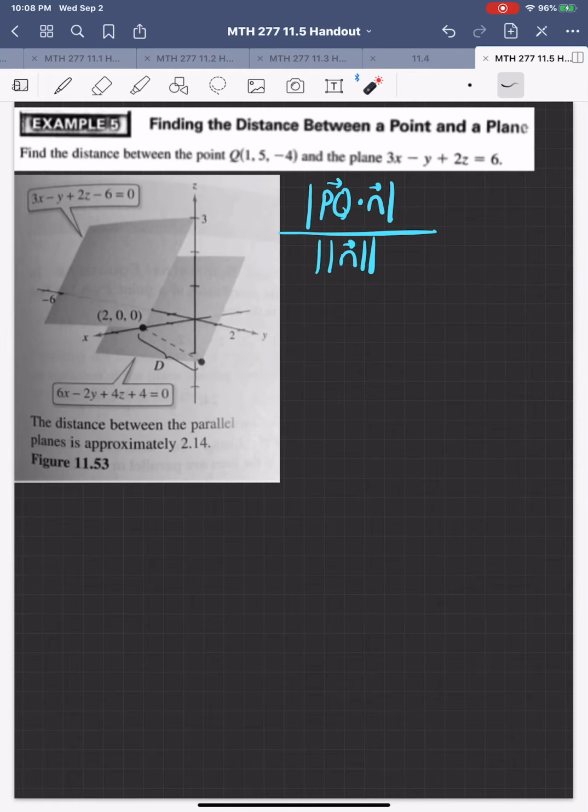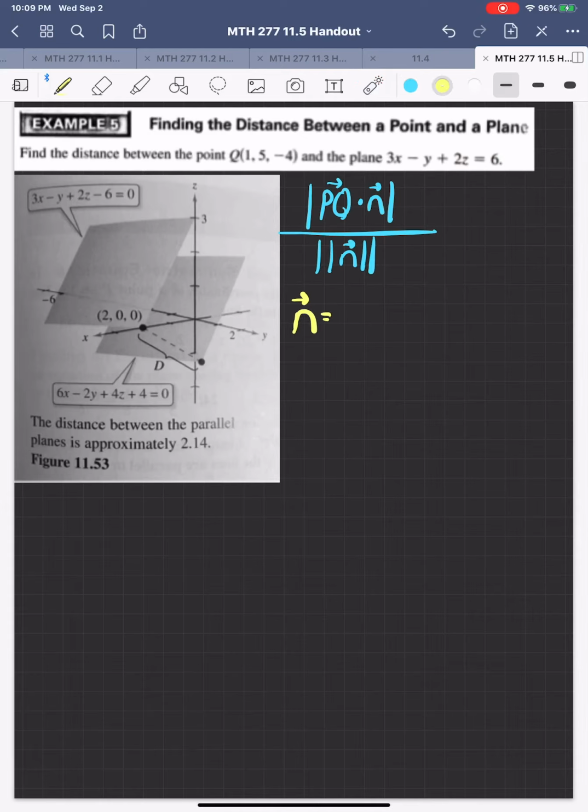All right, let's see if you were listening to me not too long ago. Ready? The normal vector. How do you find a vector that's normal to this plane? Well, I hope you're listening, because if you have it in general form, which you could bring the 6 over here, it would be equal to 0.